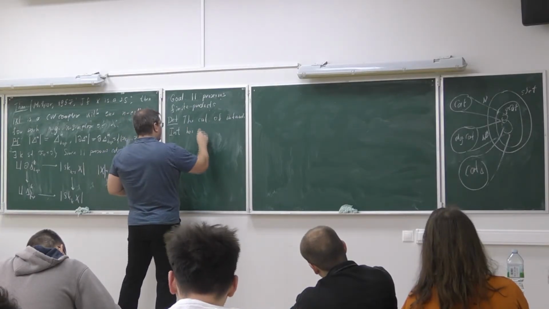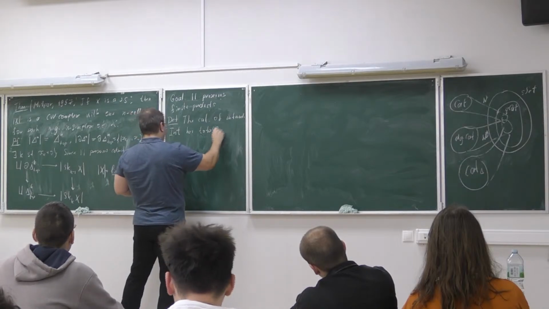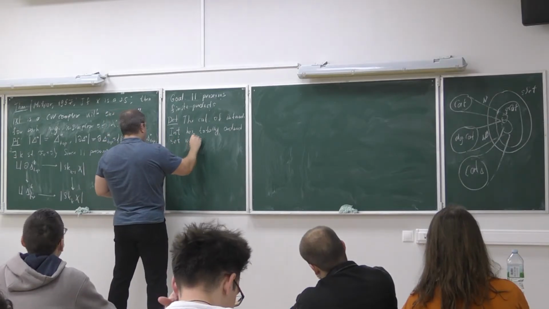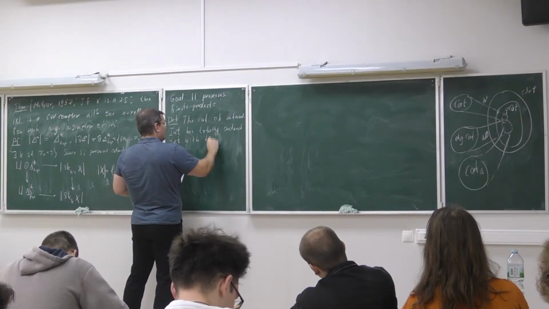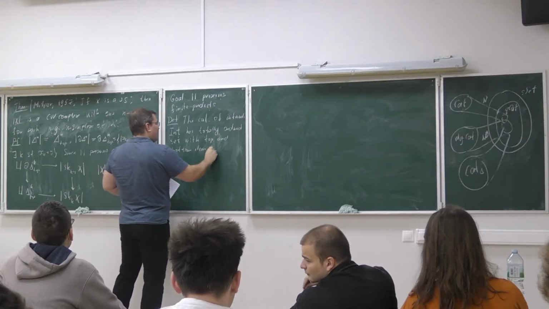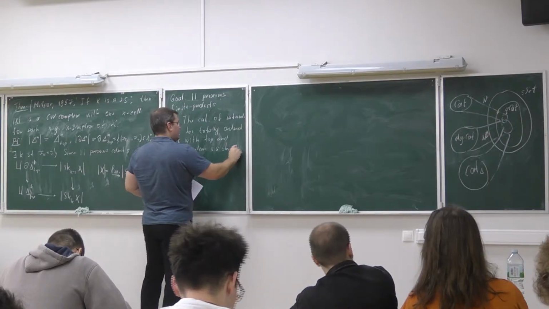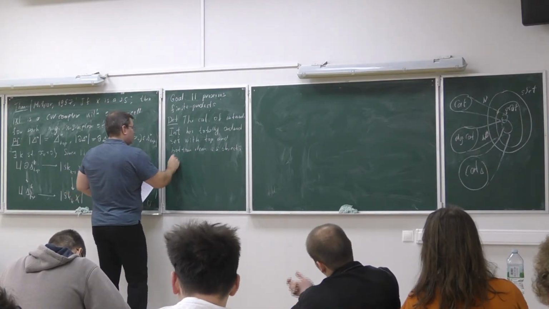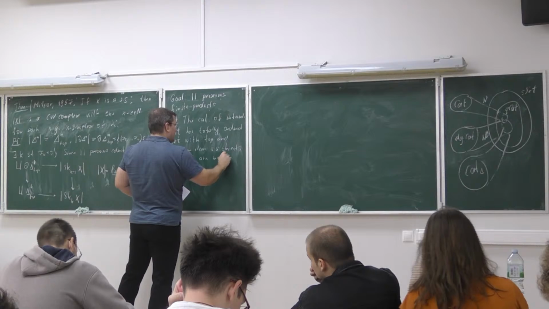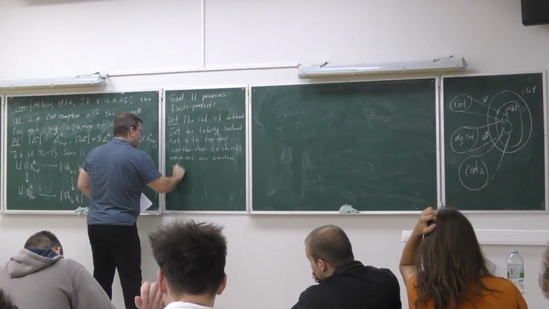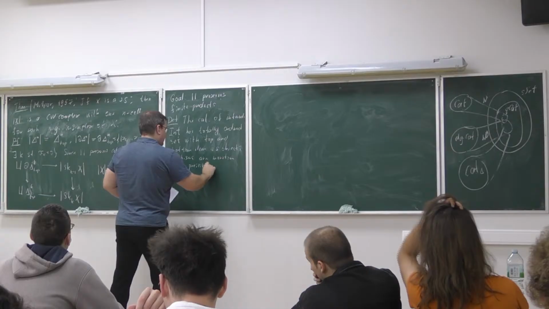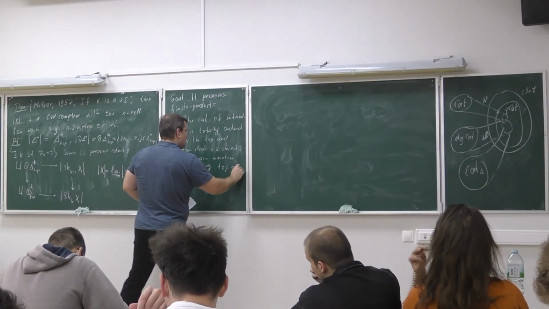It has totally ordered sets with top and bottom elements as objects, and morphisms are monotone maps preserving top and bottom.